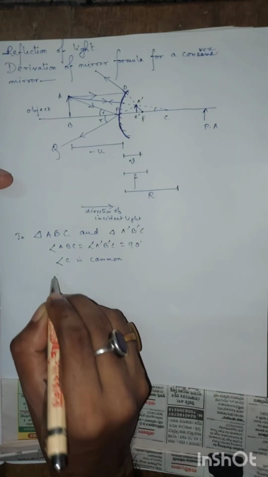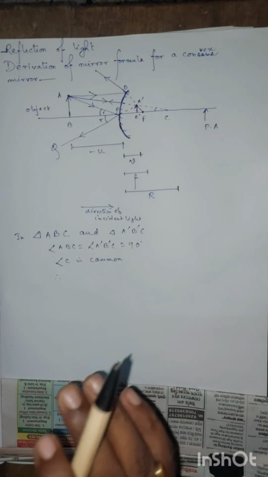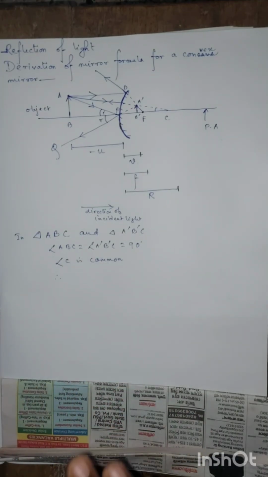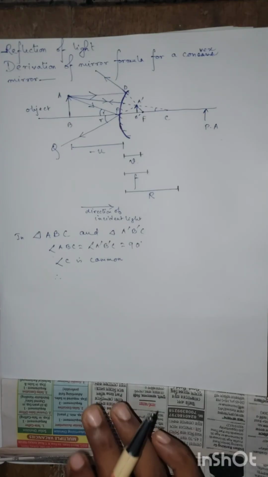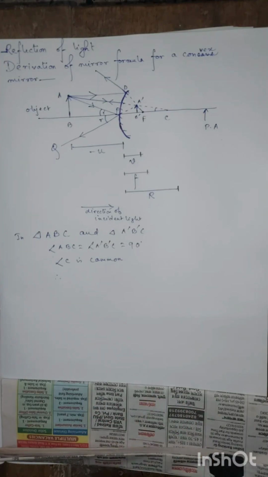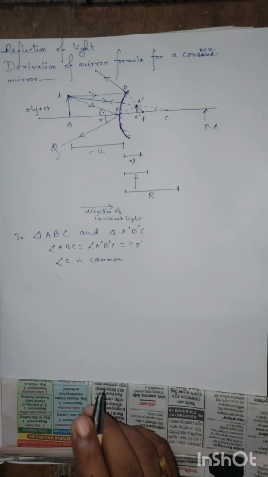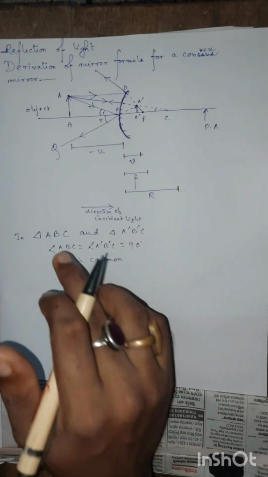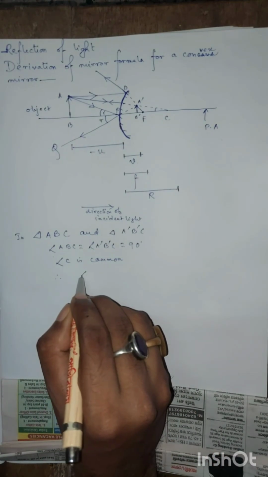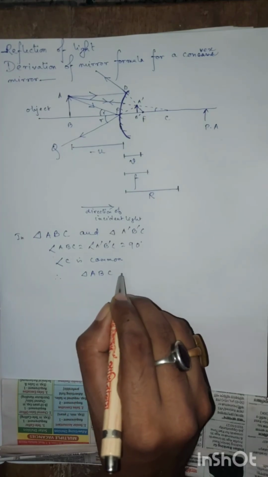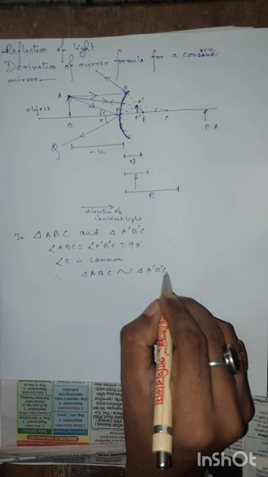Therefore, we can see in these two triangles, two sets of angles are equal, so the third set of angles will also be equal. Therefore, these two triangles should be similar. Triangle ABC is similar to triangle A dashed B dashed C.